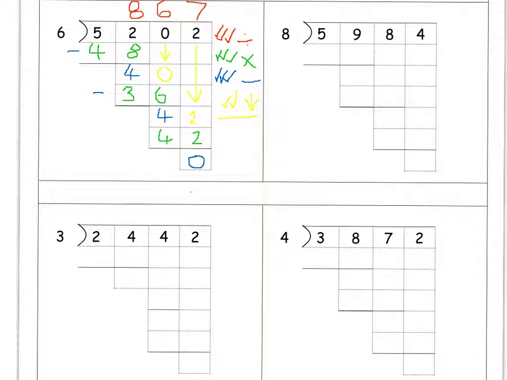Okay, so when you divide 5,202 by 6, you get 867. And you should see from the colours that I've used, my division answers always at the top. When I'm doing my multiplications, remember in this question, because it's divide by 6, it'll always be multiplied by 6.